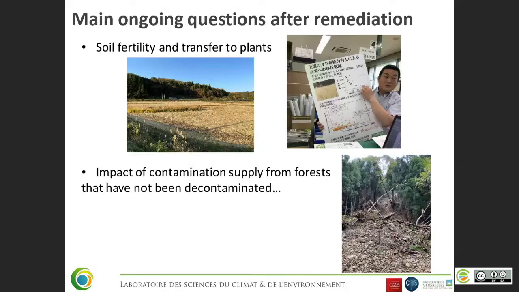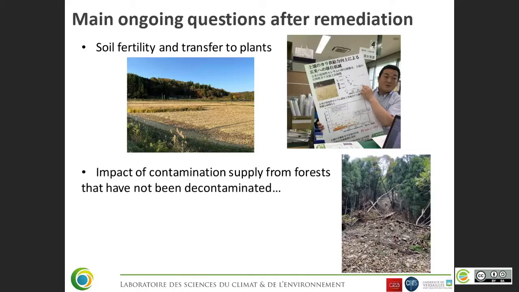And now the main questions remaining are related to what I showed you when I introduced how the decontamination was made, is that there are a lot of questions from the farmers and local populations about, of course, soil fertility after putting this crushed granite on land. The potential, although most of the cesium was removed when they removed the topsoil layer, there's a bit of cesium remaining, and people are a bit worried about the potential transfer of cesium to the plants.